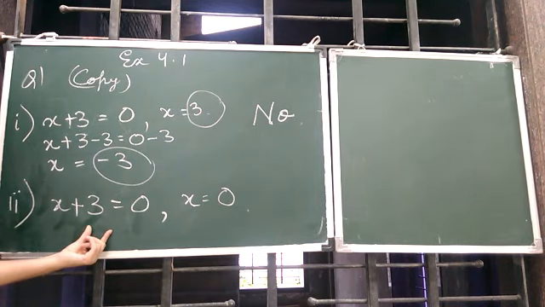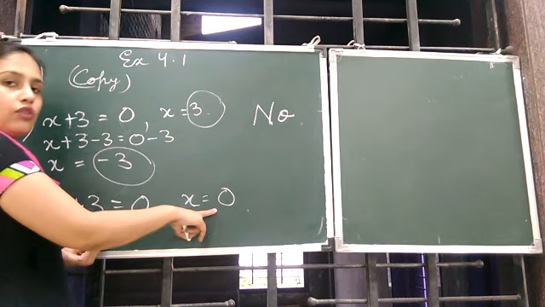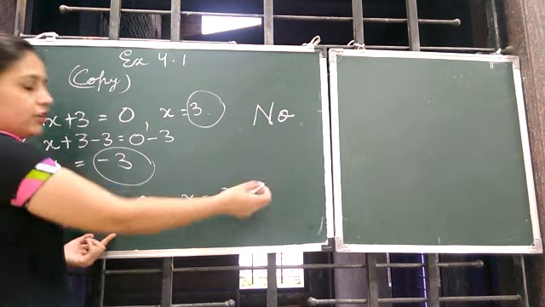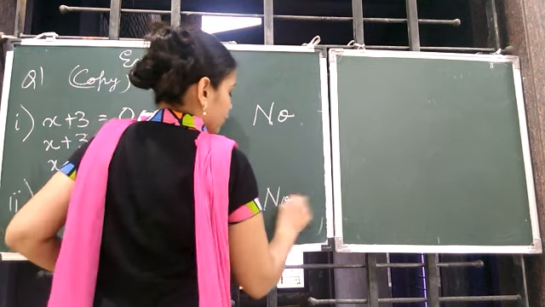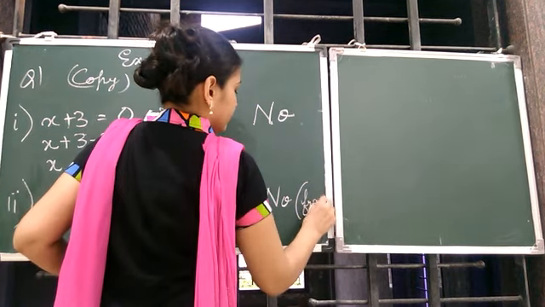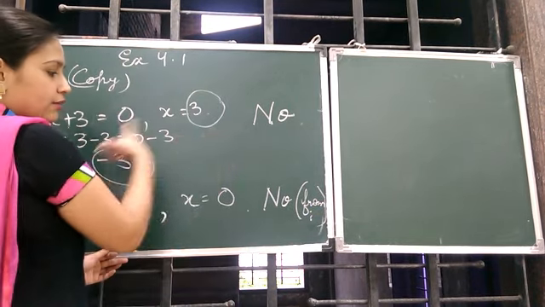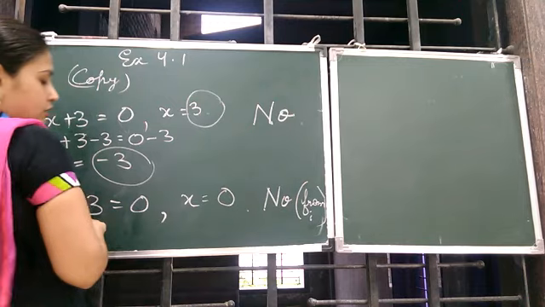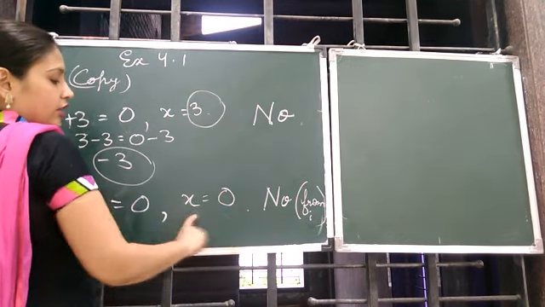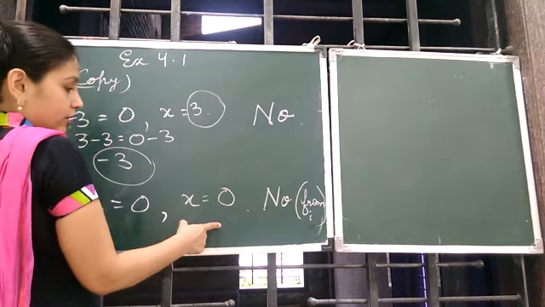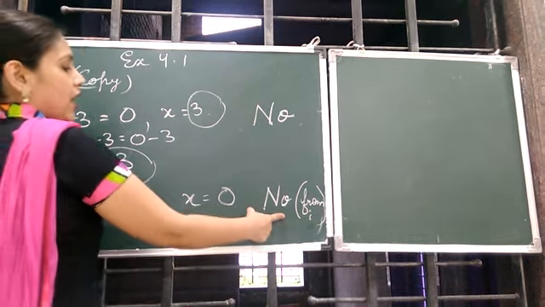So if you write minus 3 here and x is equal to 0, again your answers are not matching. So directly you can write what? No. From question number 1, if we see question number 1, we can say that this column is not equal to this column. The first column is not equal to the second column. That means answer is no.